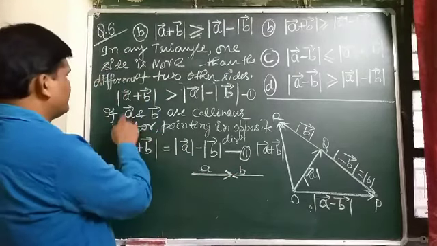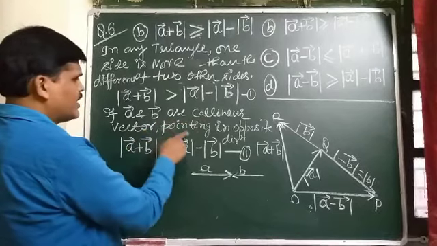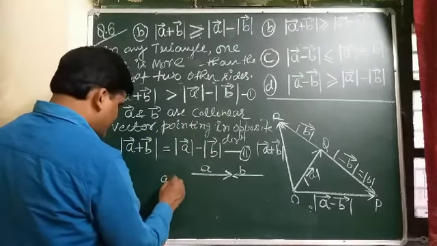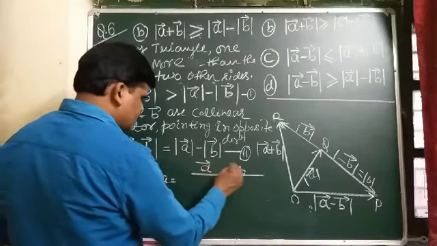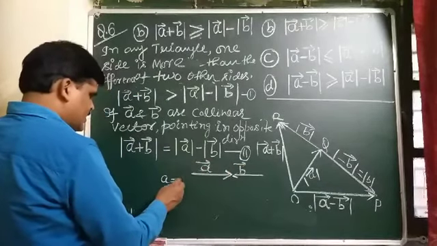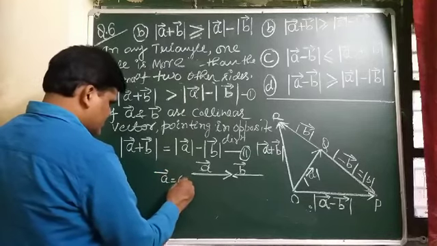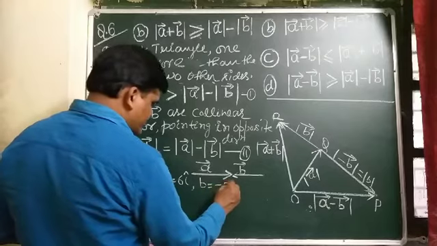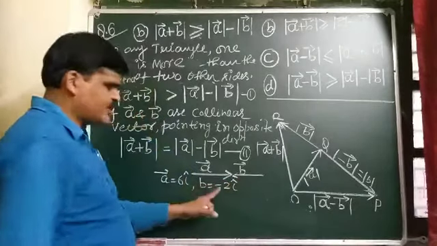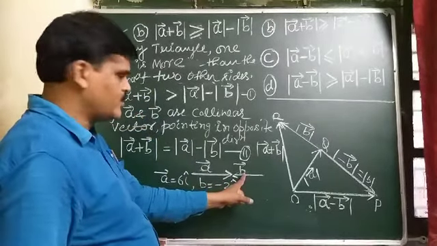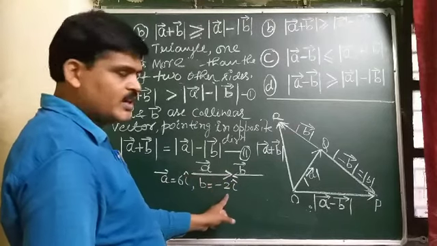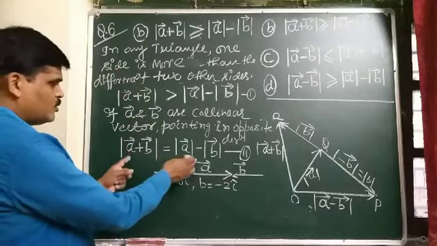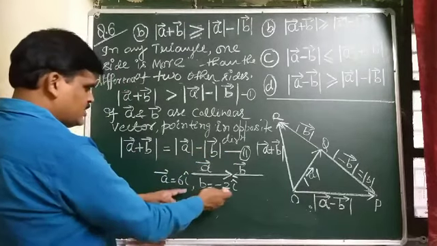So if vector A and vector B are collinear vectors pointing in opposite direction, for example, vector A is 6i cap and vector B is minus 2i cap. Minus 2i means this vector B is acting in the opposite direction. Now we have to find what relation this equation holds by using this property.